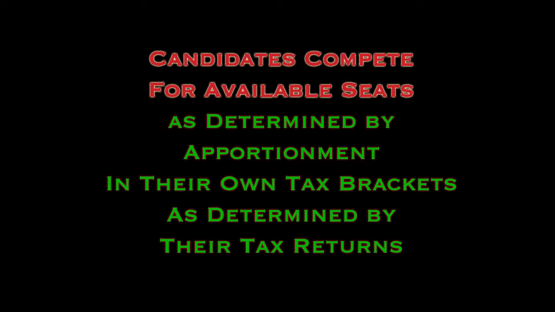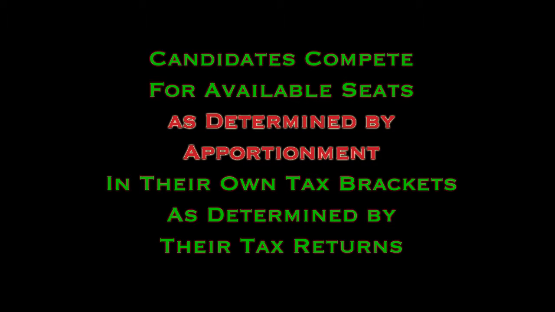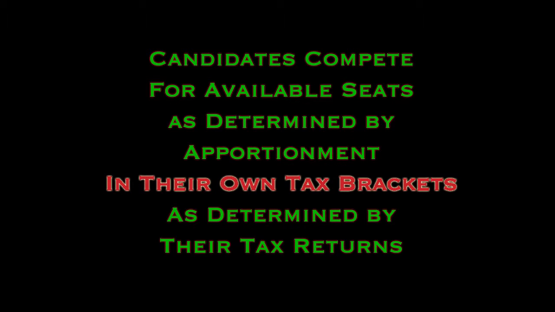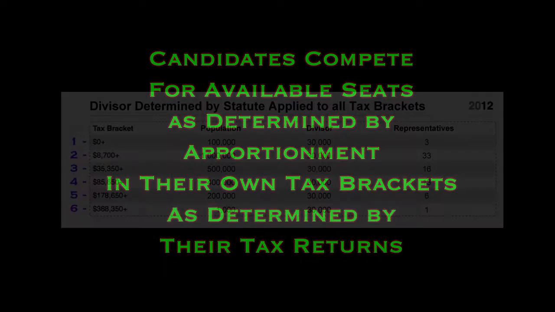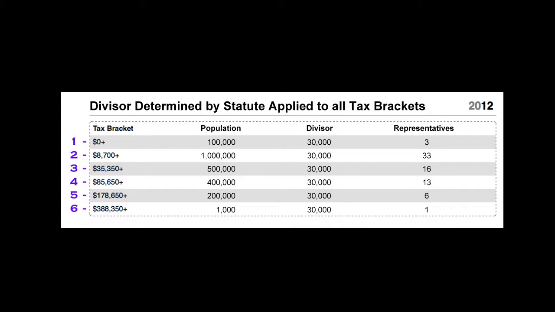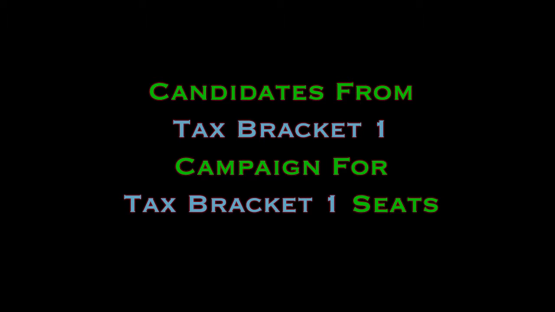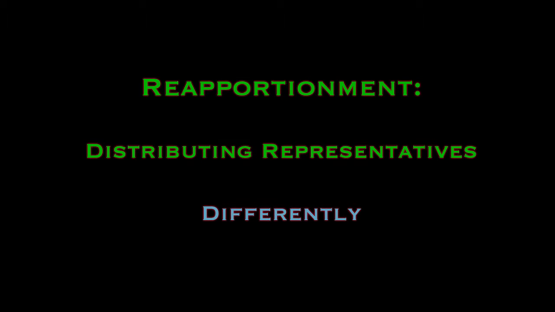Candidates compete for available seats as determined by apportionment in their own tax brackets as determined by their tax returns. For instance, with a divisor of 30,000, if a state had 100,000 people in tax bracket 1, that state would get 3 seats for representatives from that tax bracket, which candidates from that tax bracket would then compete for. Reapportionment.